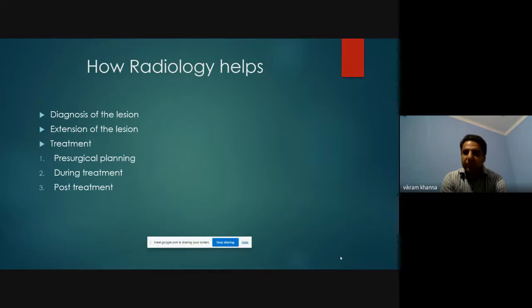You can also give the post-operative photos to the patient, so that he can have confidence or education about that particular treatment. So definitely it helps in pre-surgical planning and during treatment.